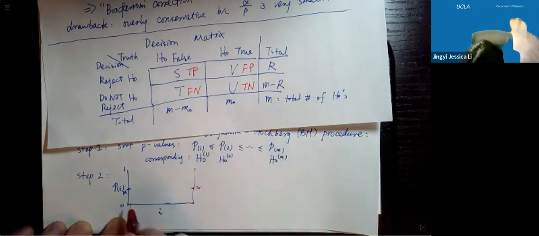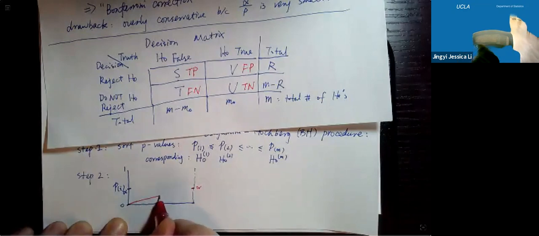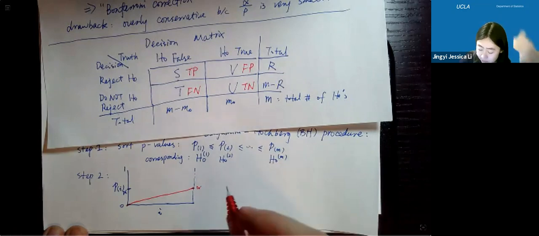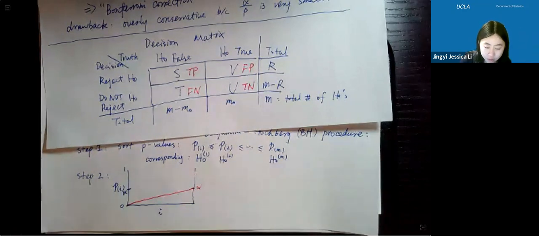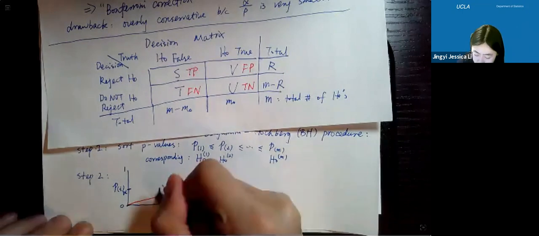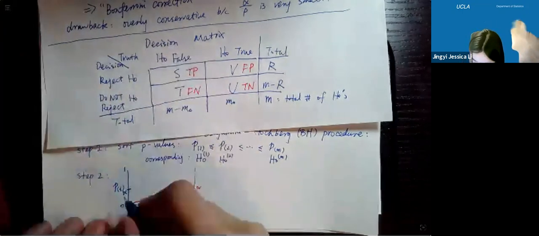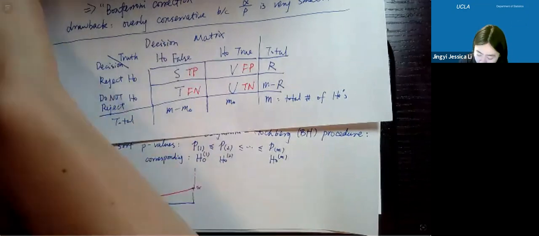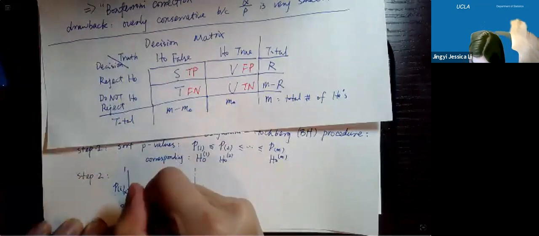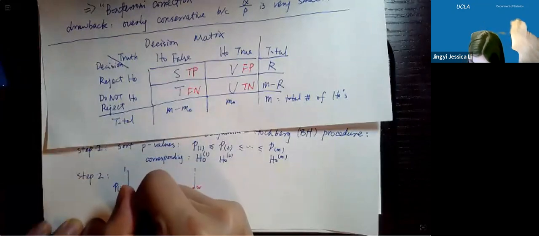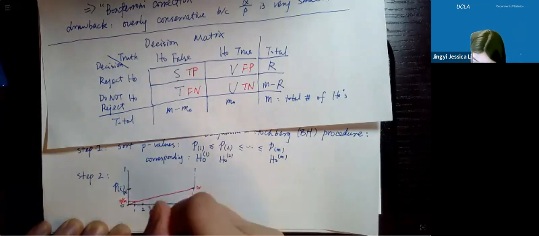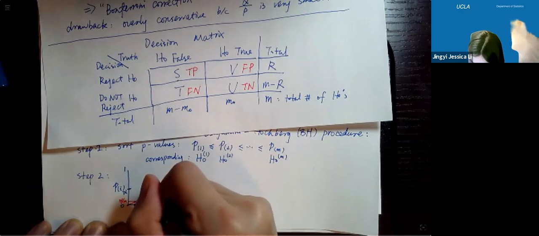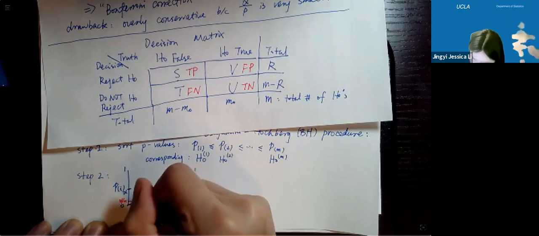This is alpha here. It connects 0 to this alpha, so the slope is alpha divided by m. For example, when i equals 1, the value is just alpha divided by m, and the other value here is alpha divided by m times 2, and so on.